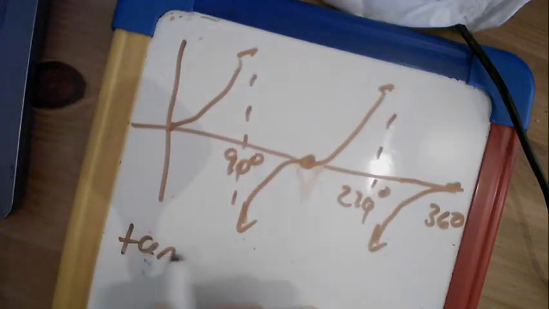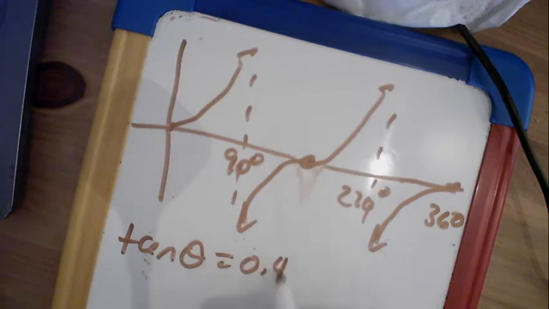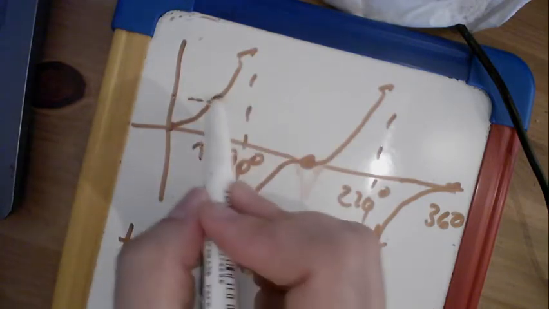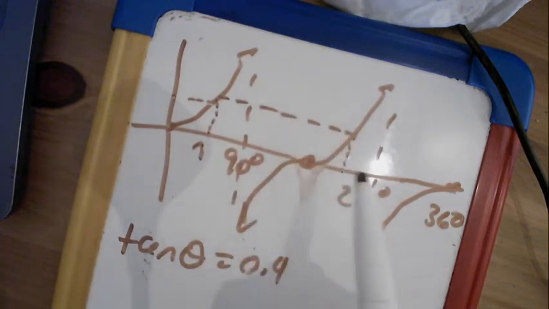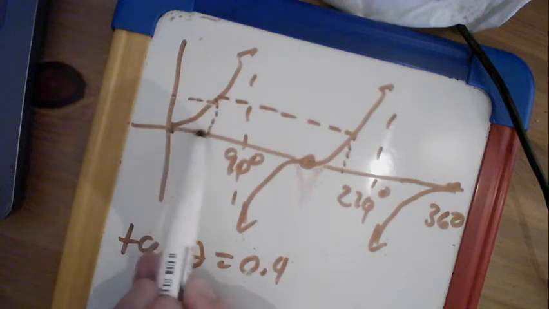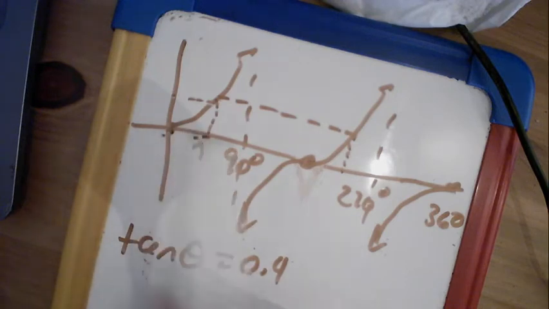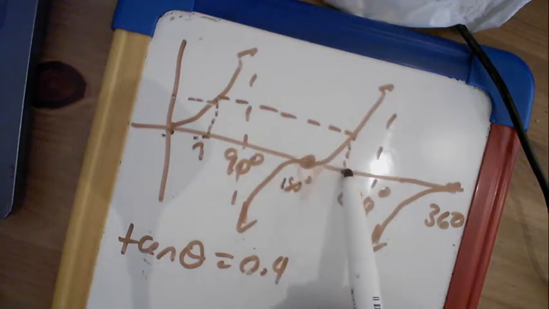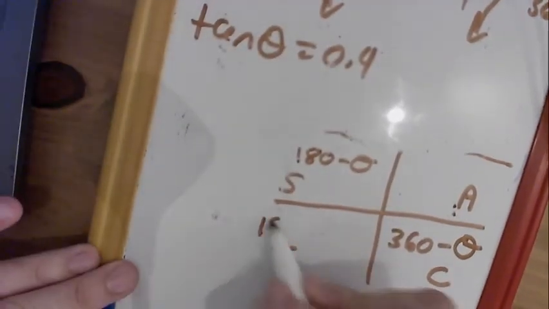If I was solving tan theta equal to 0.4, my first solution would be here. My next solution would be here. Let's have a look at the symmetry on this one. The gap between 0 and this value is the same as the gap from here to here. Now, what was this value? This value was 180. But because it's further along, instead of being 180 minus, tan becomes 180 plus.